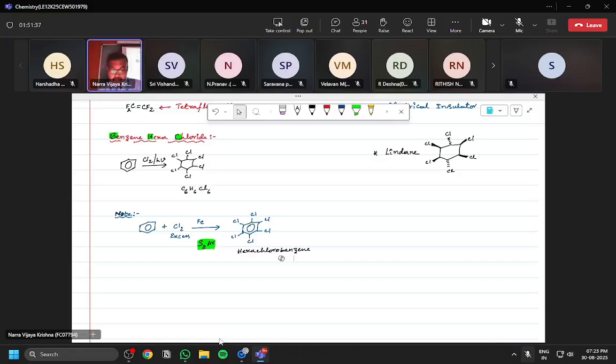Right. So for this compound, 9 stereoisomers are possible. In which 7 are meso and 2 are enantiomers.